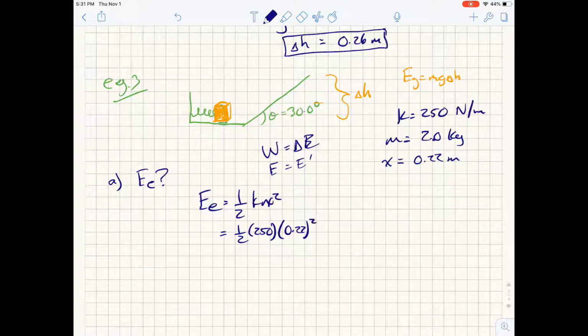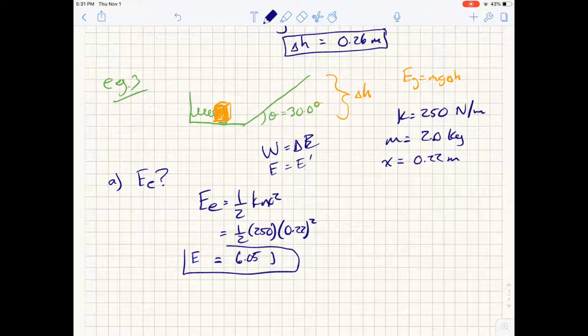Don't forget to square that. Lots of people forget to square. We find out that at this compression, this spring is storing 6 joules of energy. We should have 2 significant digits here, so we're going to leave that at 6.0.